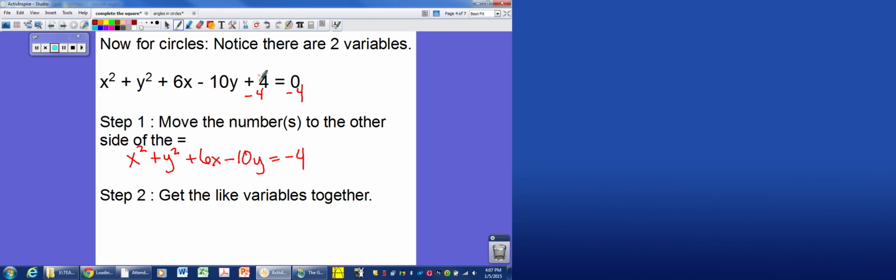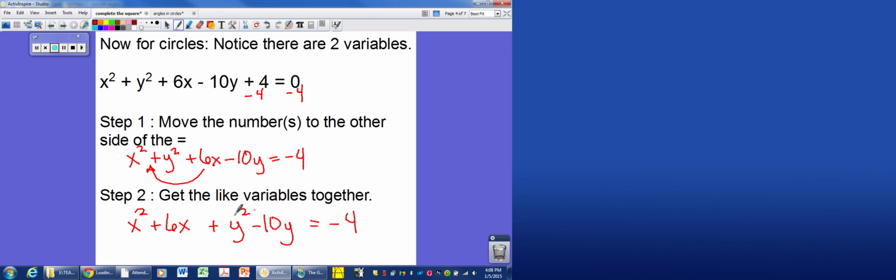Just take whatever non-variables you have, put them all together on the other side of your equal sign. And now get the like variables together. So we're going to set up our equation. So 6x comes after the x squared plus y squared minus 10y equals negative 4.